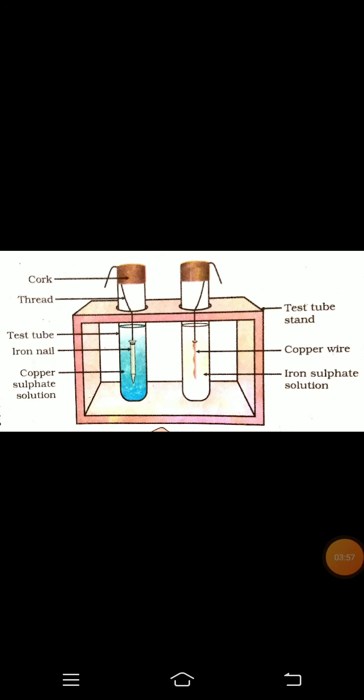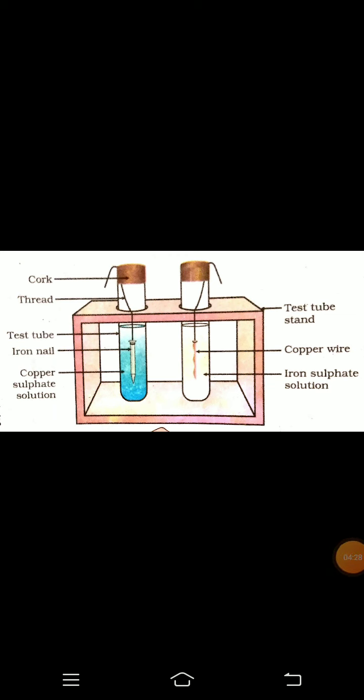So in this case of iron and copper, which is the more reactive metal? Can you answer it? It is iron. Why? Because you can see that iron plus copper sulfate, iron displaces copper from its solution and it becomes iron sulfate. So iron is more reactive.